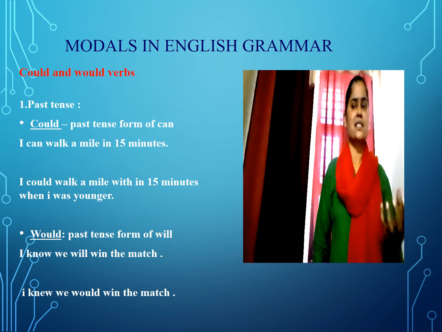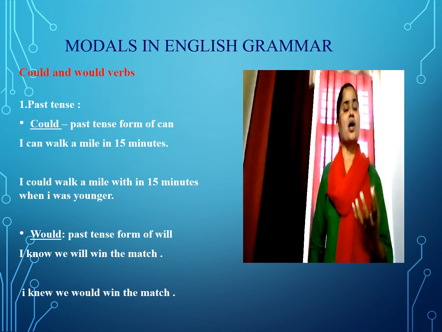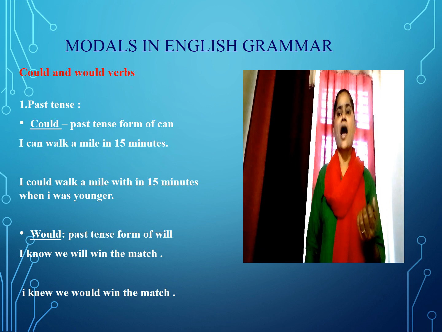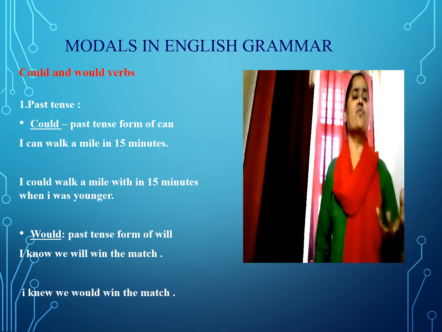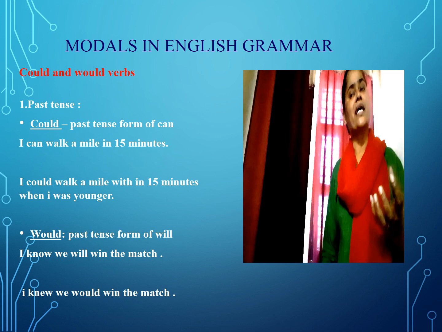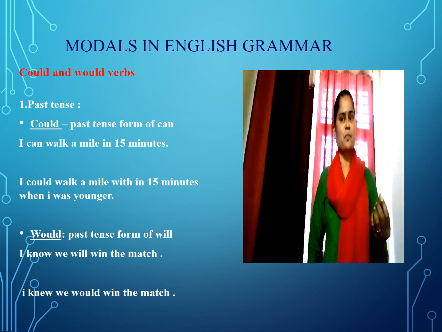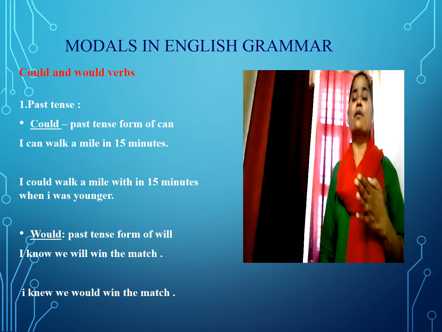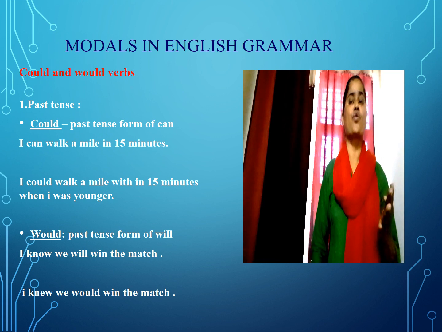This is the present tense, but we can change it into the past by saying, I could walk a mile within 15 minutes when I was younger. It means I had the ability in the past, but I don't have it now.